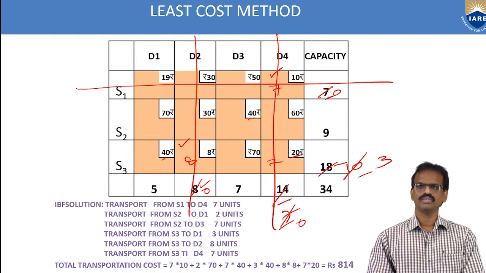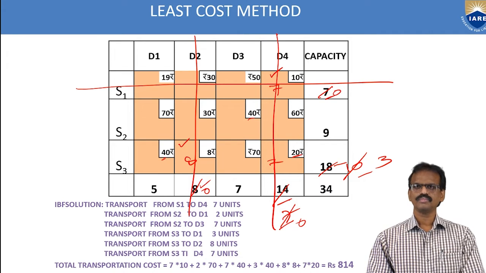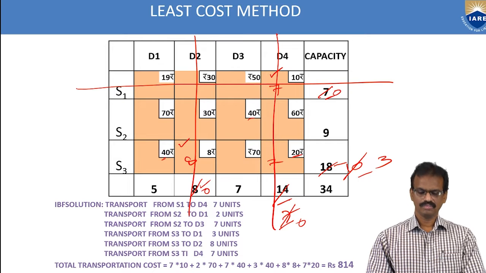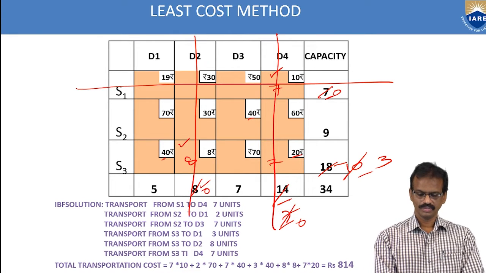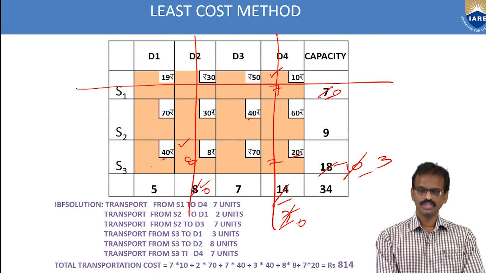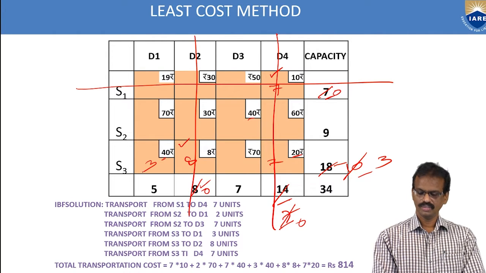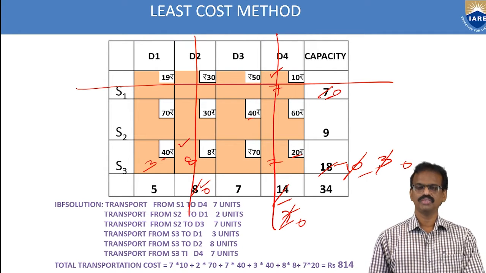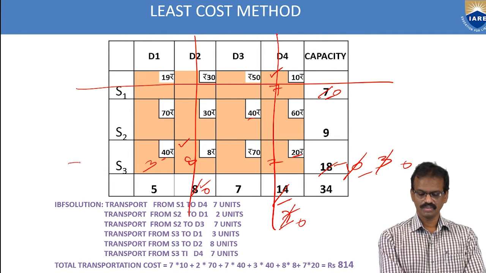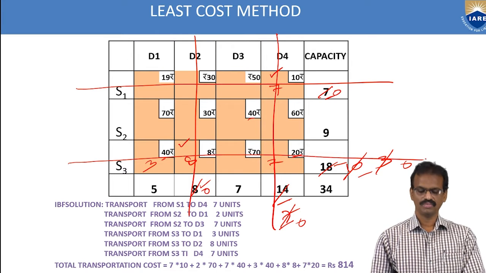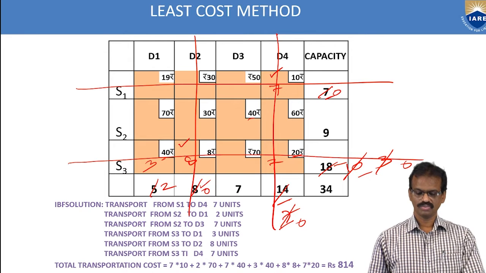You can allocate any one. Which is minimum? The minimum is 3. If you allocate 3 here, this value will be 0. Automatically the total row will be cancelled. The remaining value is equal to 2.